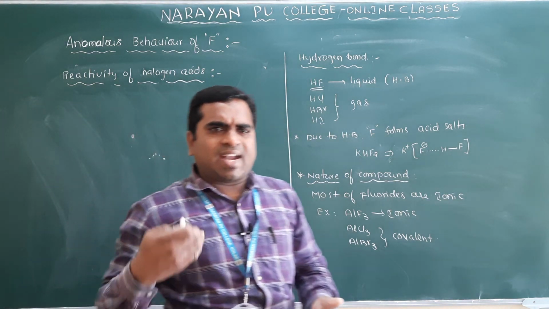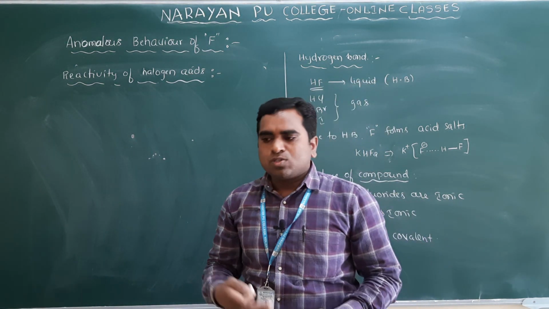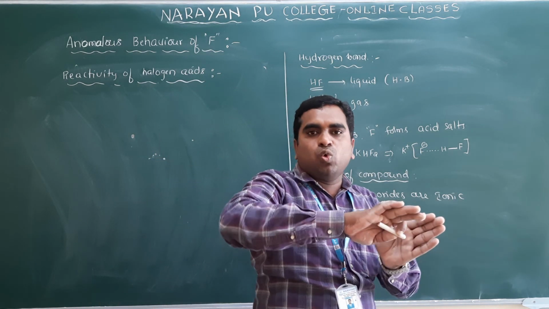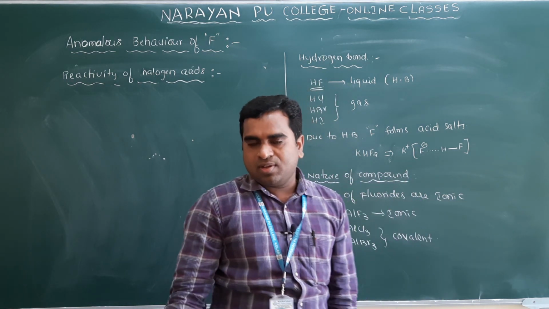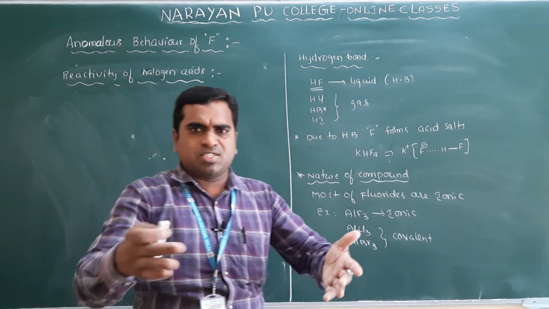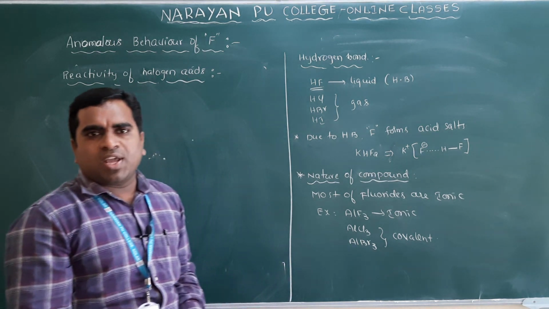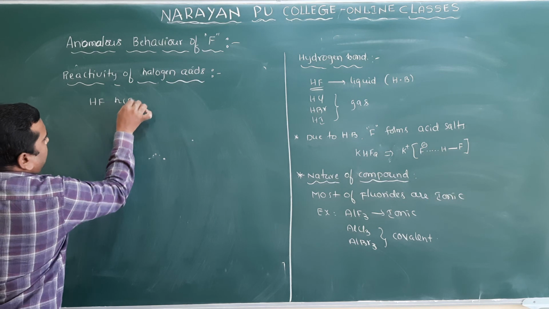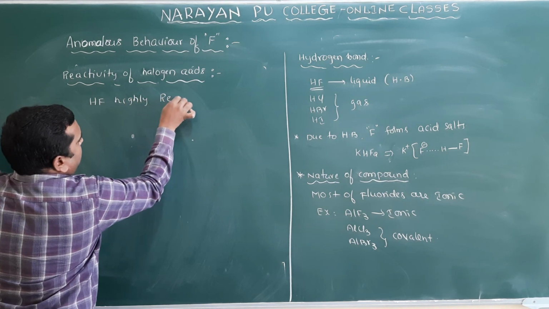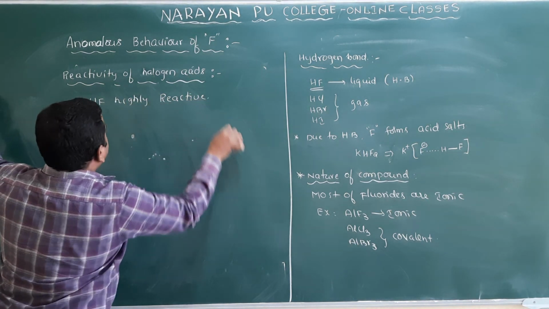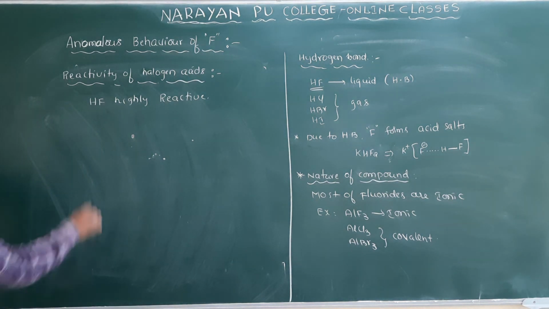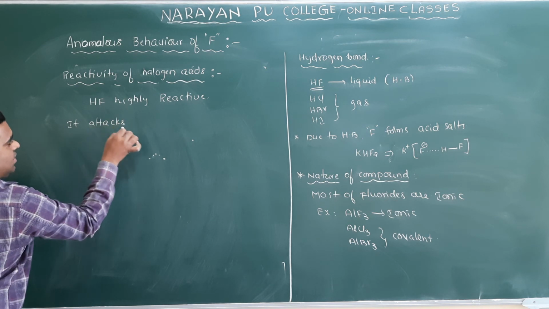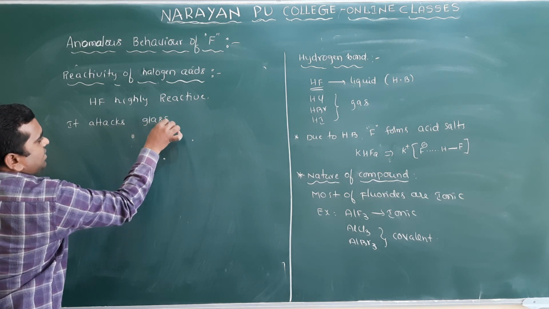HF can easily attack glass also. Why? Because of its ability to displace the oxygen atoms from the sodium silicates. Glass is mainly made up of what do you know? Sodium silicates. So that's why HF is highly reactive compared to HCl, HBr and HI. It attacks glass.